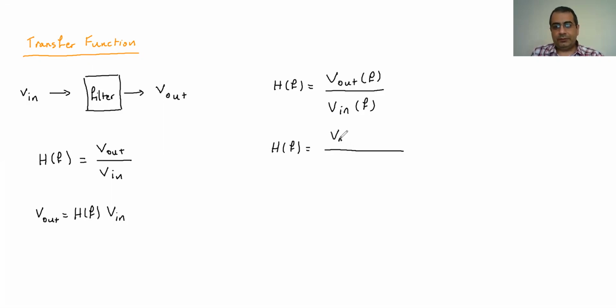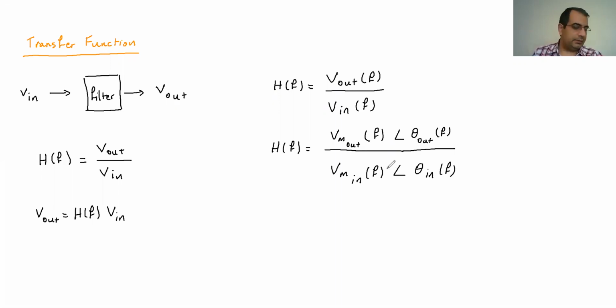The maximum VM for the output signal, which is a function of frequency, with the phase angle of theta out, divided by the maximum V of the input as a function of F with the angle of theta in.